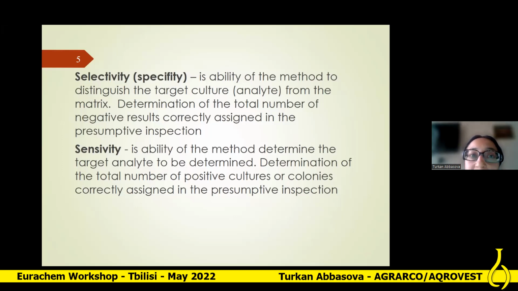It demonstrates the selectivity of your methods and activities. Sensitivity of the method is the ability of the method to determine the target analyte. It means the determination of the total number of positive cultures or colonies correctly assigned in the presumptive inspection.